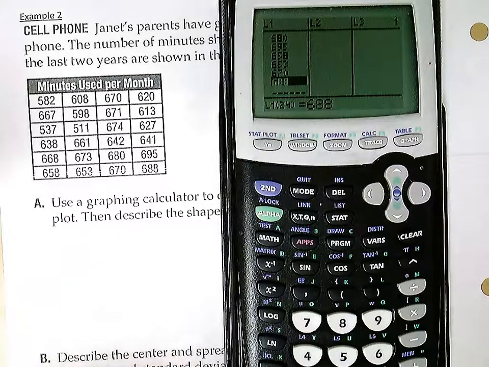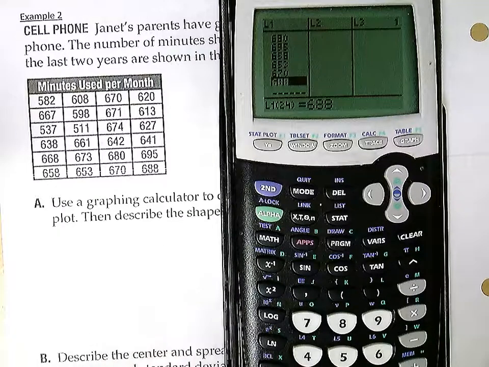So you should have 24. There should be 24 numbers.